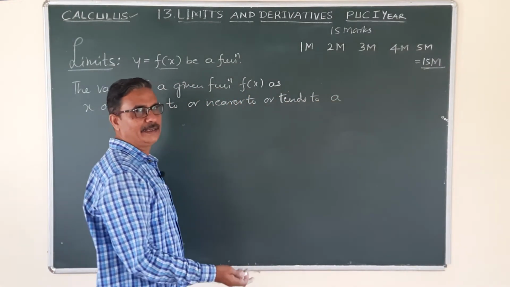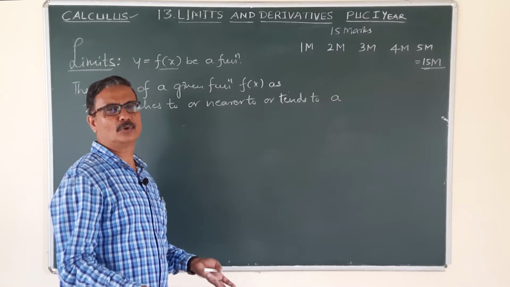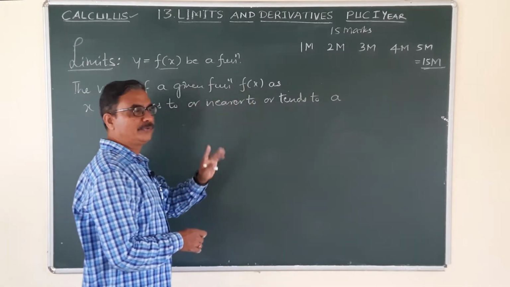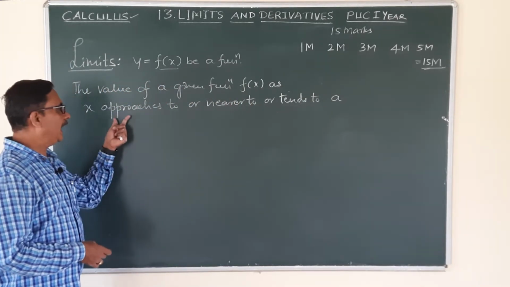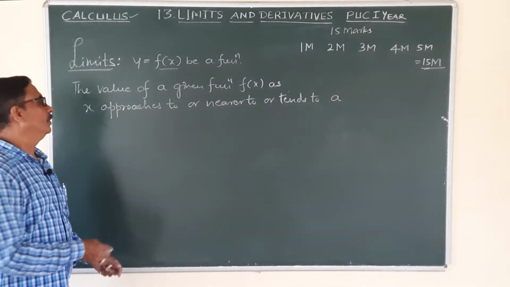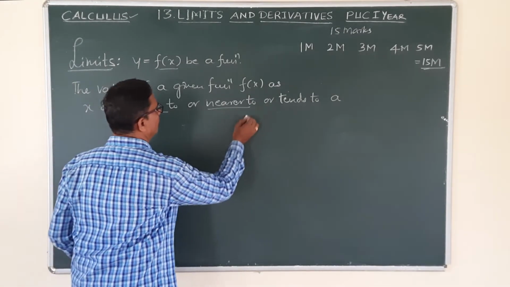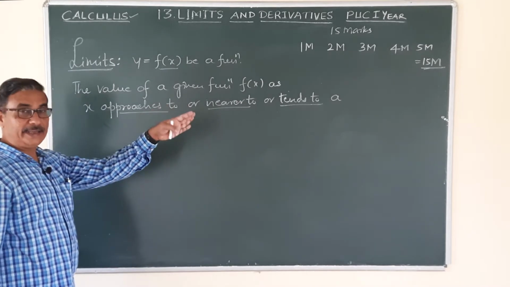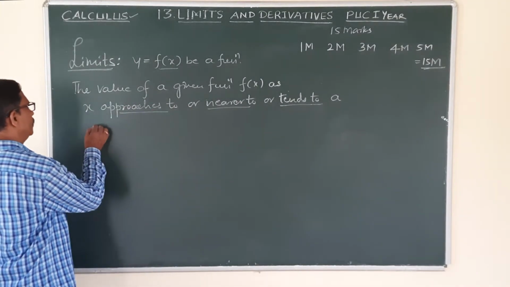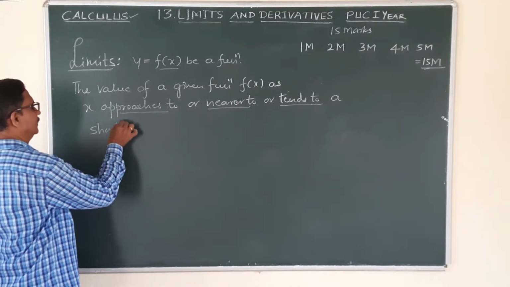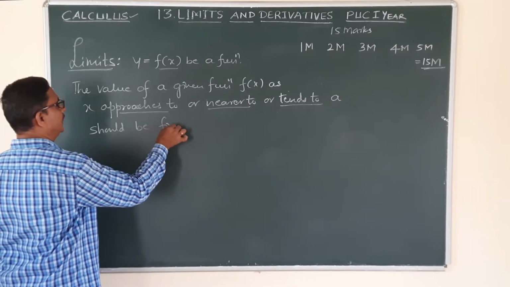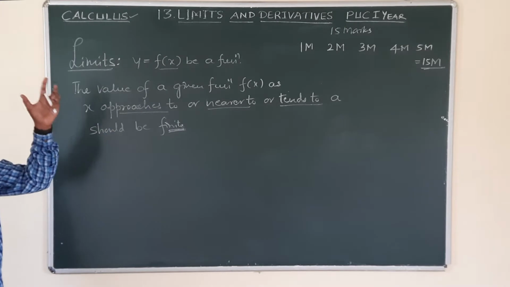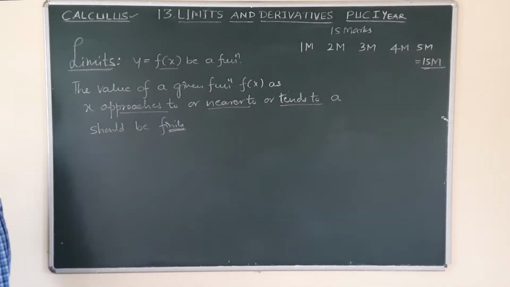In general, that a value will be 1, minus 1, 7, root 3, 5 by 2, 5, like that. It must be a finite value, not infinite.